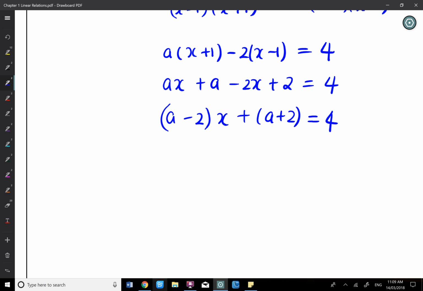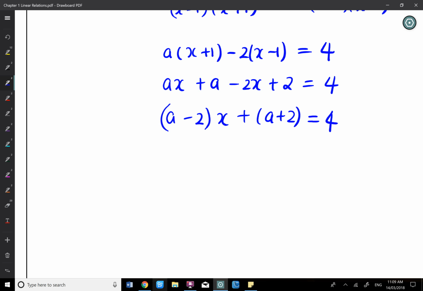Do we want the x on the left hand side? No, because then they are not equivalent. They must look identical, which means I need to get rid of the x term. So what should the coefficient be? If I don't want the x term, how many x means nothing? 0.